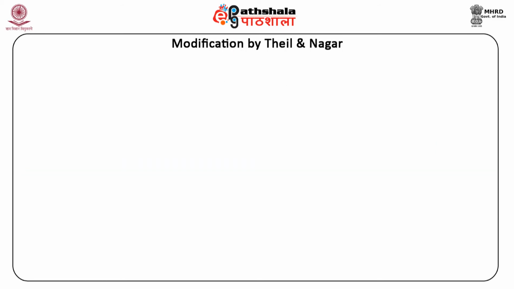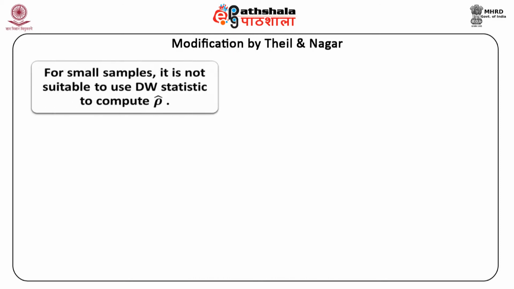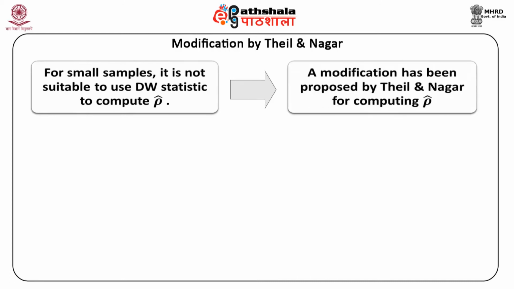A modification was made by Theil and Nagar. They said for small samples it is not suitable to use the Durbin-Watson statistic to compute rho hat. A modification has been proposed by Theil and Nagar for computing rho hat.